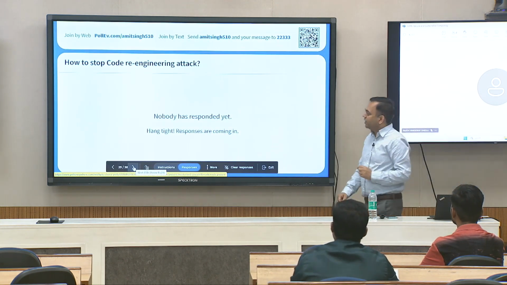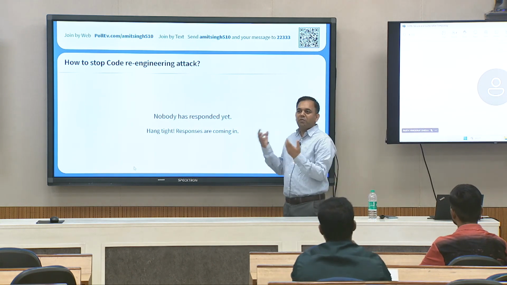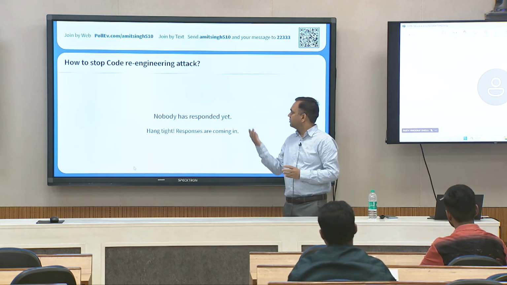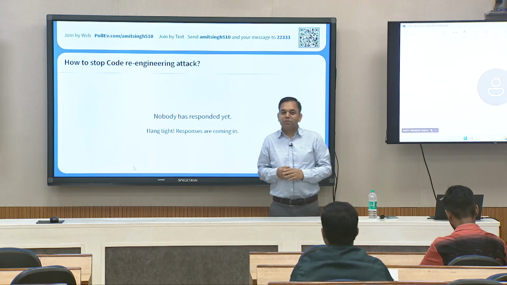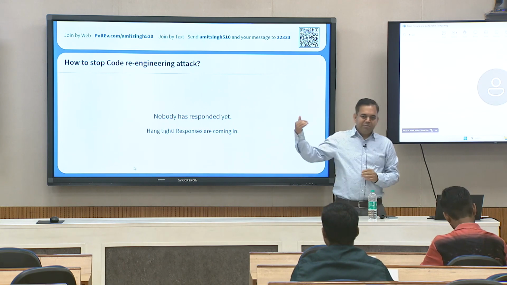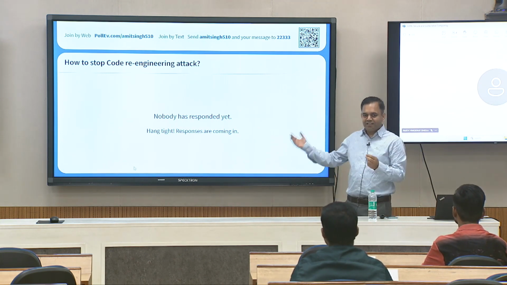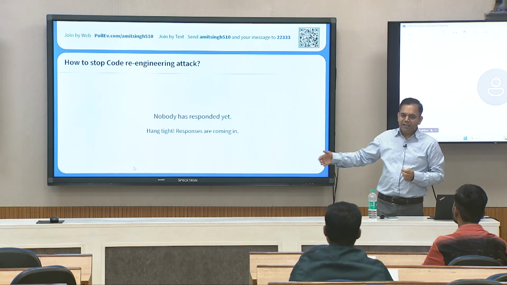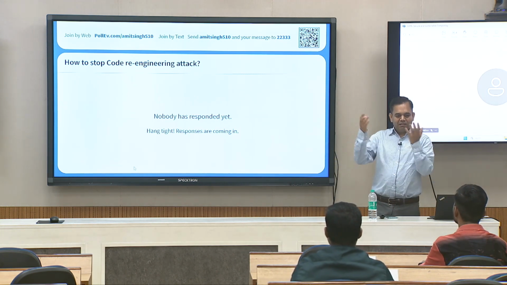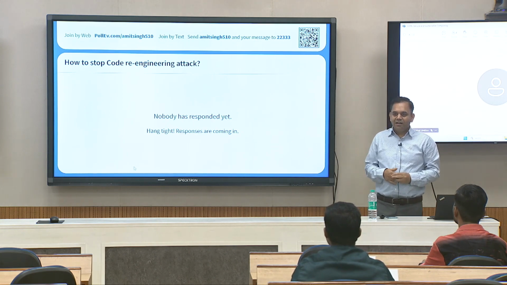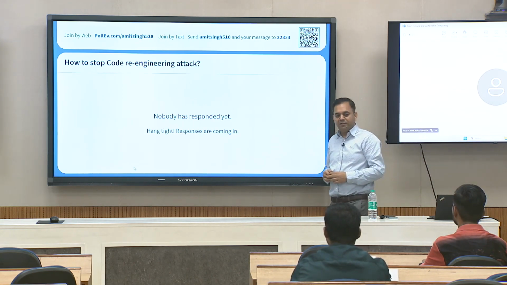Remember I said someone can take the open source code, do some code re-engineering, and then insert some malicious activities. So how do you think that one can be stopped? So the same thing can be applied, access control or making it a black box. But now I'm saying imagine you get the access, and then what can be done?